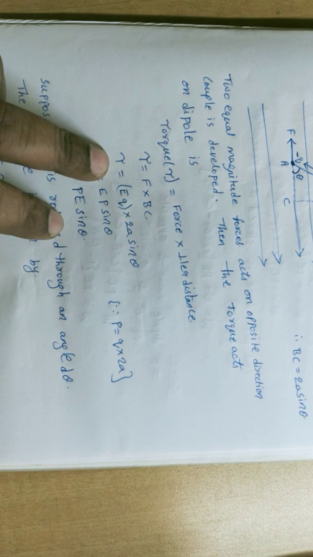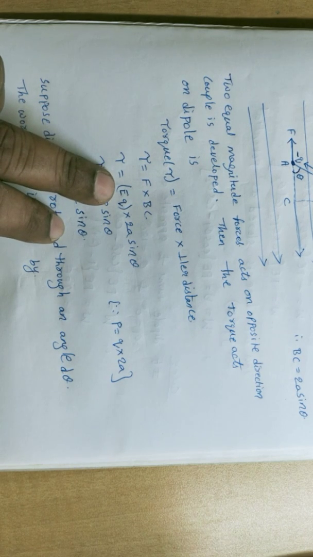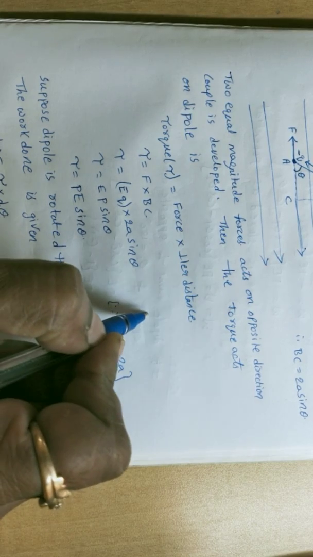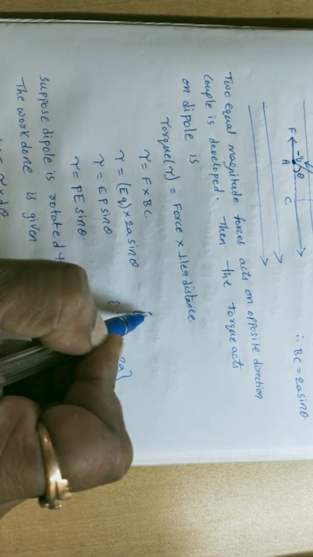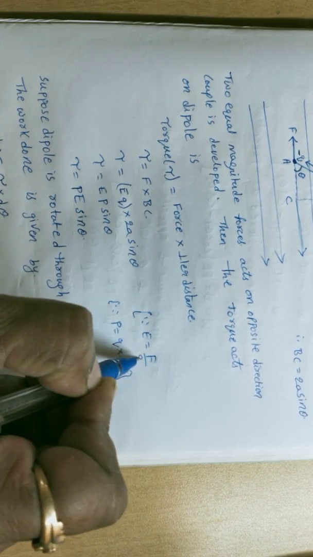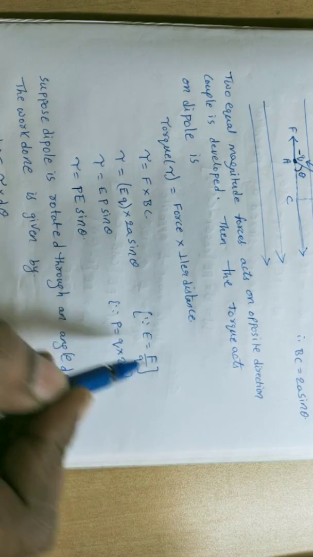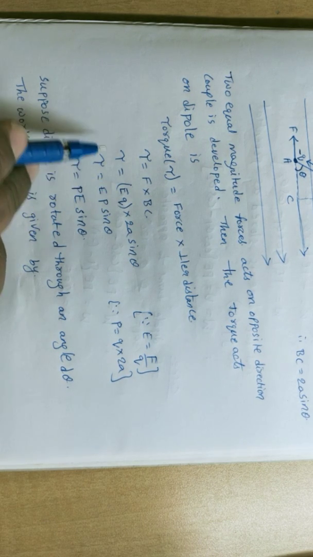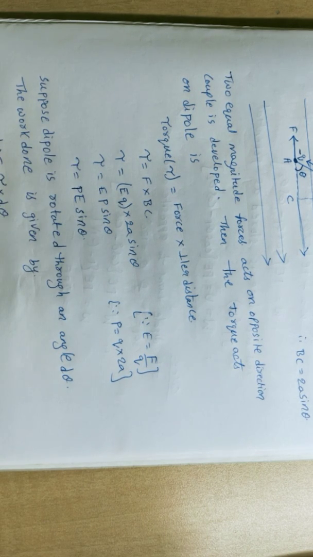Instead of F I am writing EQ, because for the electric field intensity we know E is equal to F by Q, so F is equal to EQ. So tau is equal to EQ into 2a sin theta.